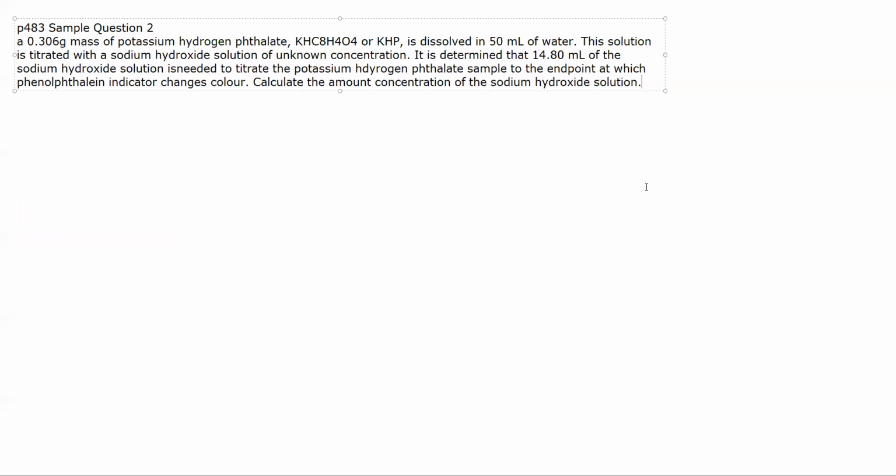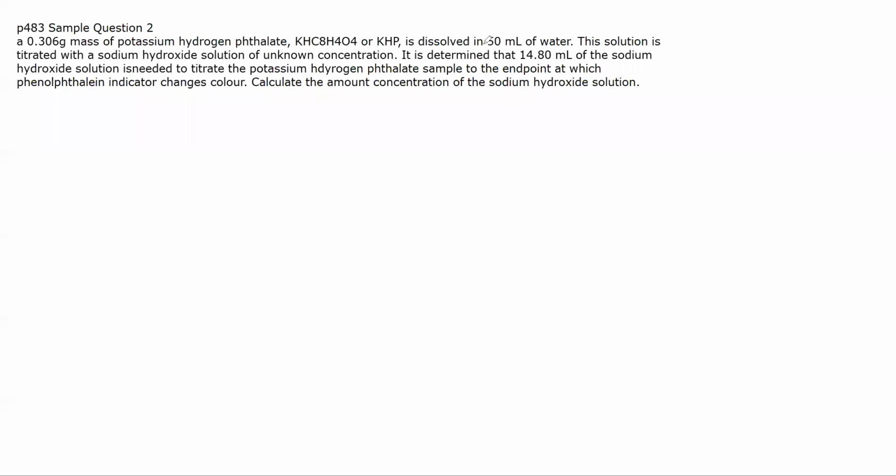Okay, let's do that one more time. I have a certain mass of this gigantic molecule. It's dissolved in 50 milliliters of water, okay? And please note, some people have asked me, isn't that technically wrong in calculating the concentration of something? Isn't concentration the number of moles divided by the volume of the solution, not the volume of the water?